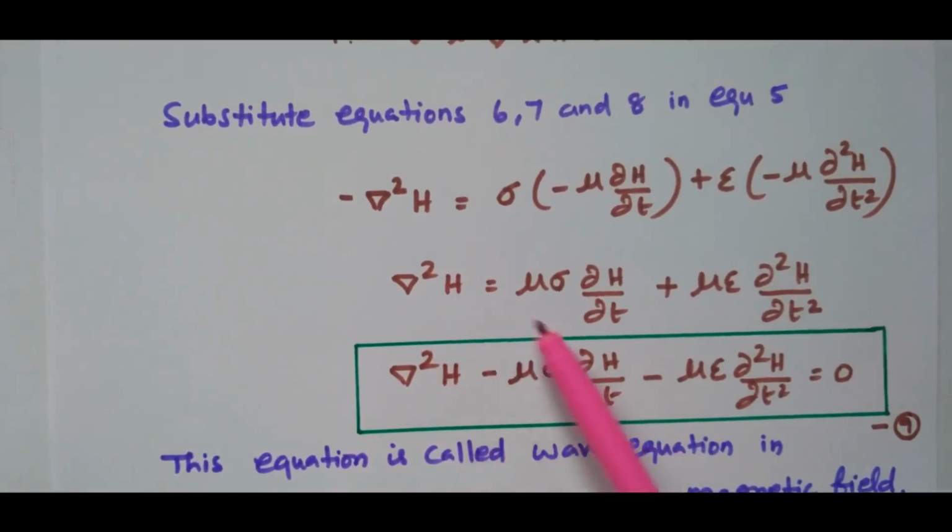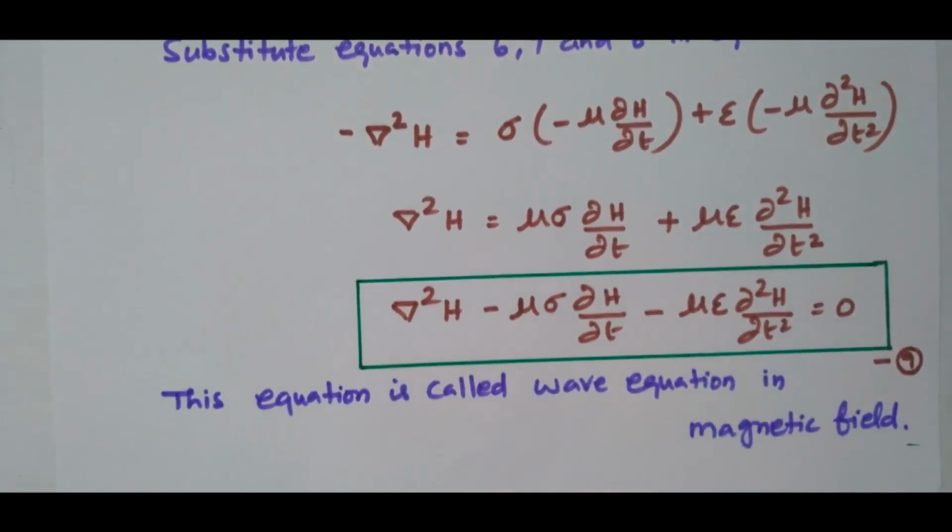Del square H equal to mu sigma dou H by dou T plus mu epsilon dou square H by dou T square. Now bring these two terms to the left hand side: del square H minus mu sigma dou H by dou T minus mu epsilon dou square H by dou T square equal to 0.